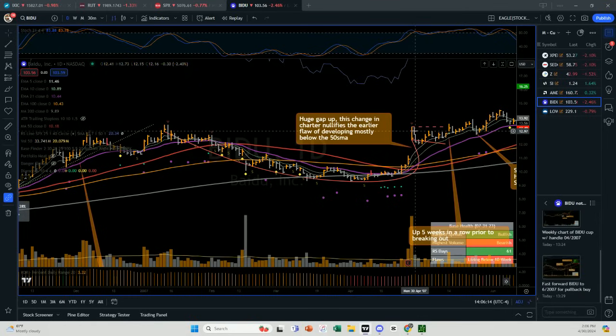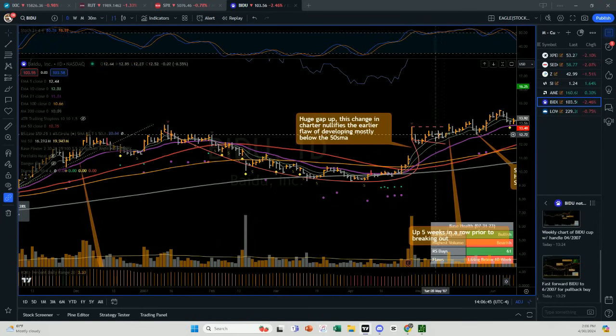We're not necessarily buying it on this day, right? We want to give it some time to consolidate, especially since it's coming straight off the bottom here and it had such a huge move. We want to give it some time to consolidate, allow the other moving averages to catch up. But this is a game changer here, where it gaps up like that, and so we want to pay attention.